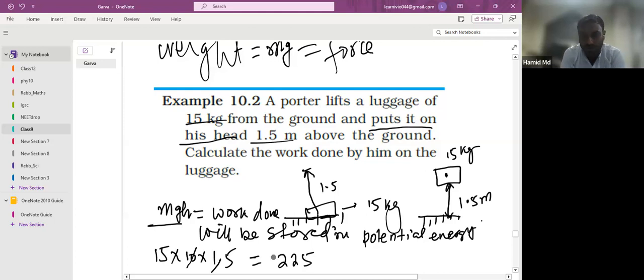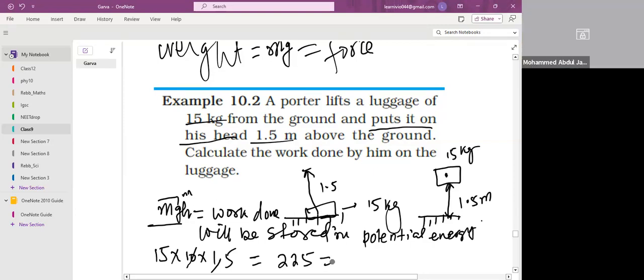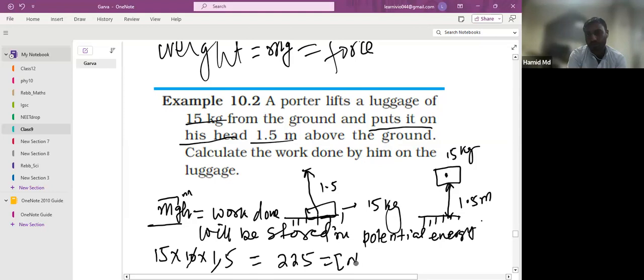What is the unit of work done? Newton meter. This much is Newton and this is meter, so it is Newton meter. Clear?